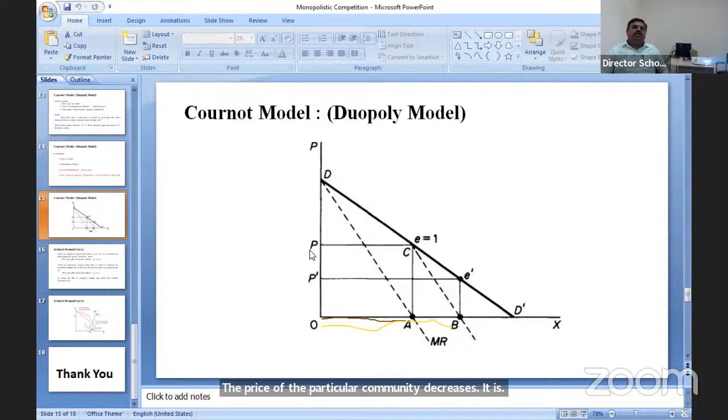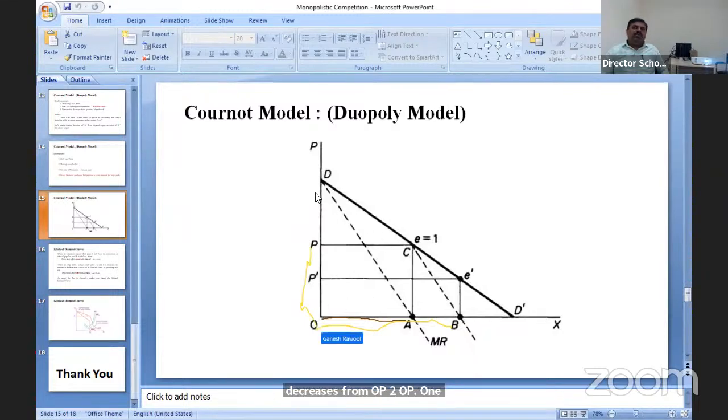Therefore, at the initial stage, when only firm A was performing in the market, the price was OP. But when firm B entered and supplied more production in the market, that is A to B, the supply becomes OB. So therefore the price decreases from OP to OP1.